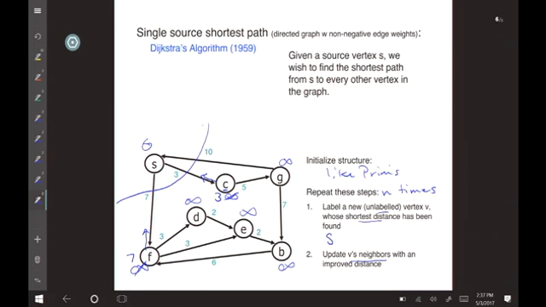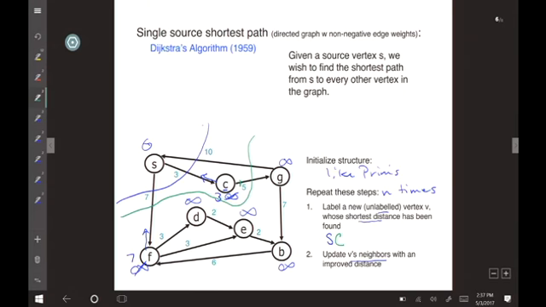So we're going to remove C from the priority queue, right? Label it and update its incident edges. Now, update becomes a little bit different because the only incident edge we have to look at is CG, right?